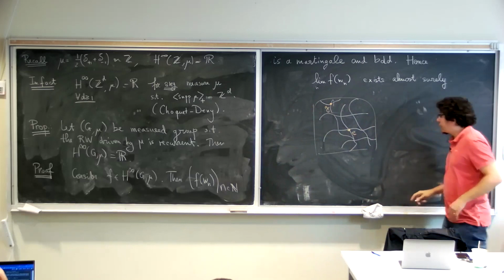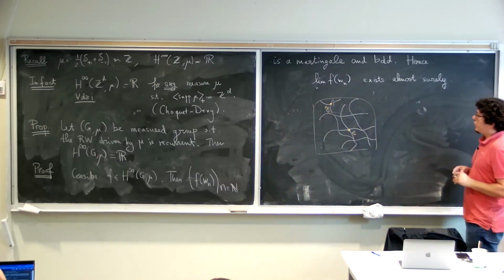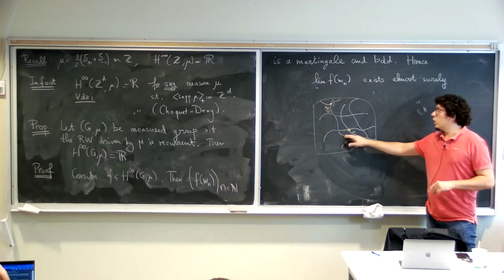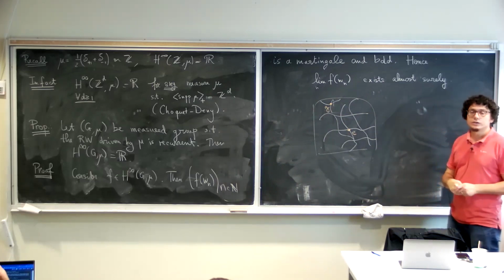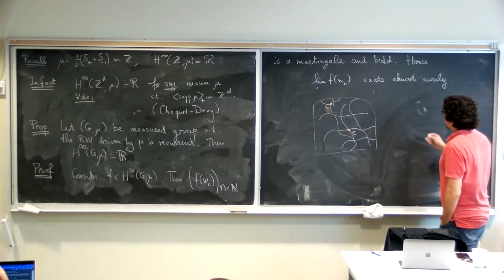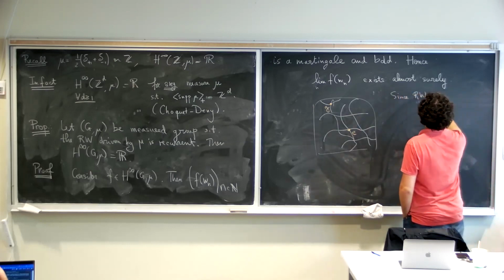The walk will visit e infinitely often almost surely, and g infinitely often almost surely, since the random walk is recurrent.